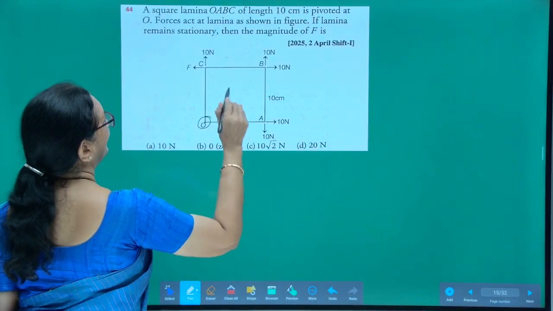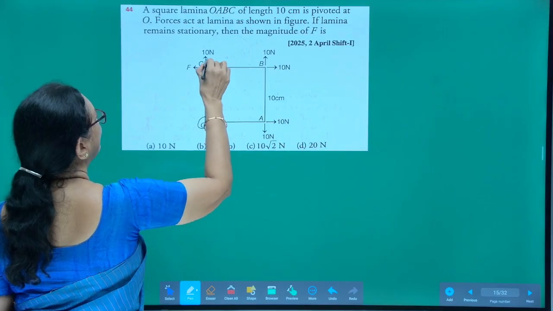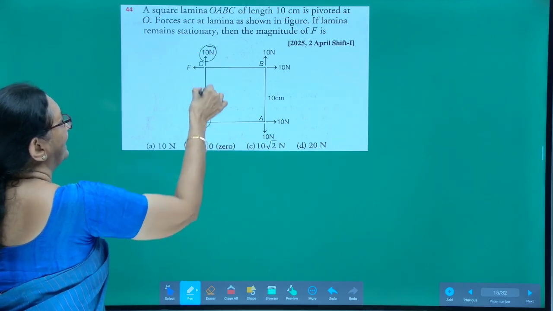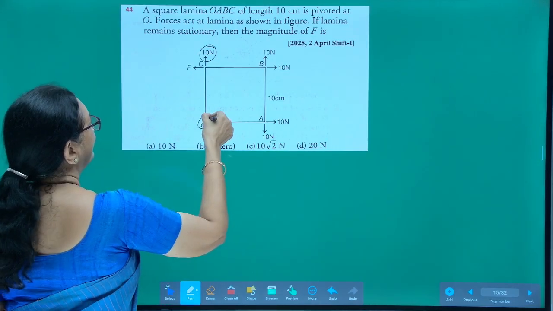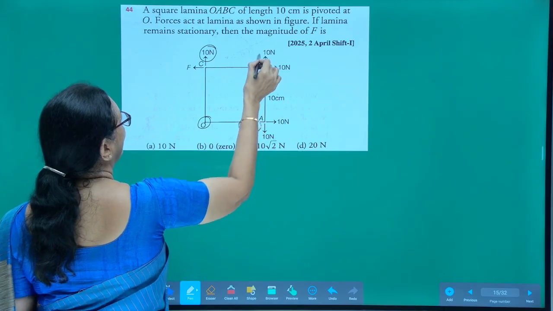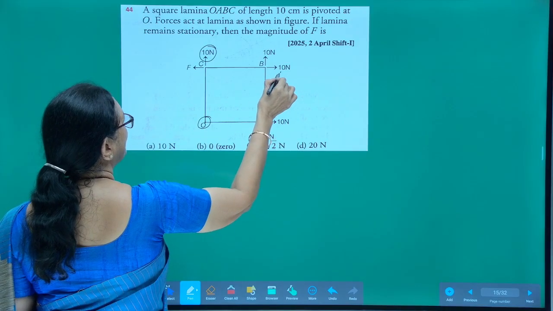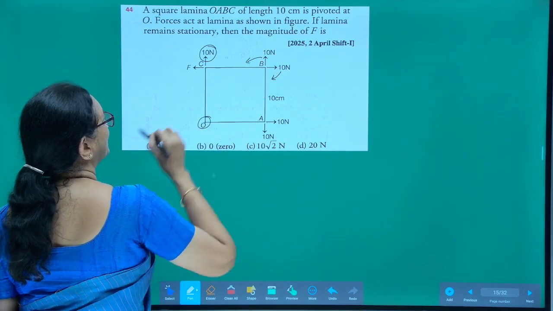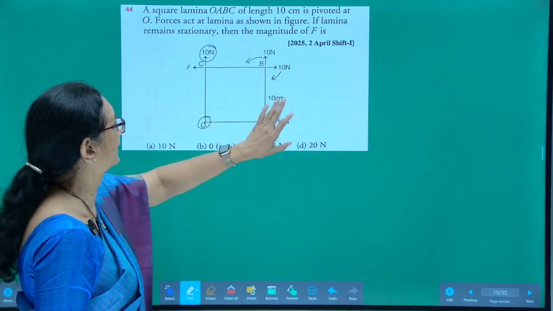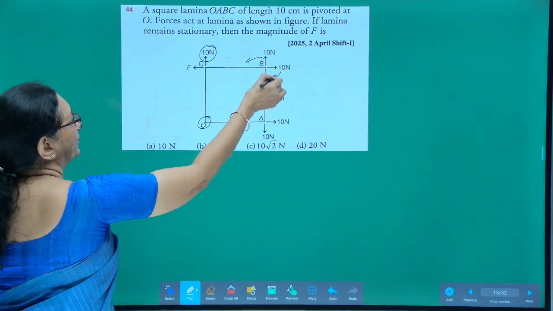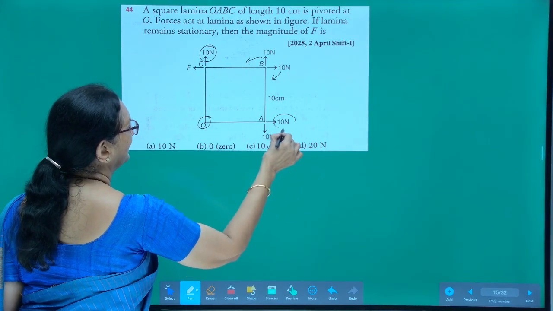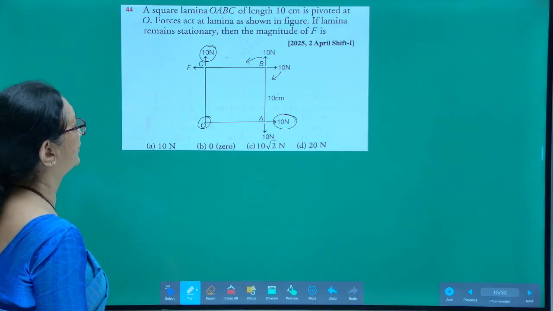Now just look here, this about this point has no torque because it is acting along the same line. This about this point produces torque in this direction, whereas this produces equal and opposite torque. These two torques cancel each other. This is acting along the same line. This doesn't create any torque.